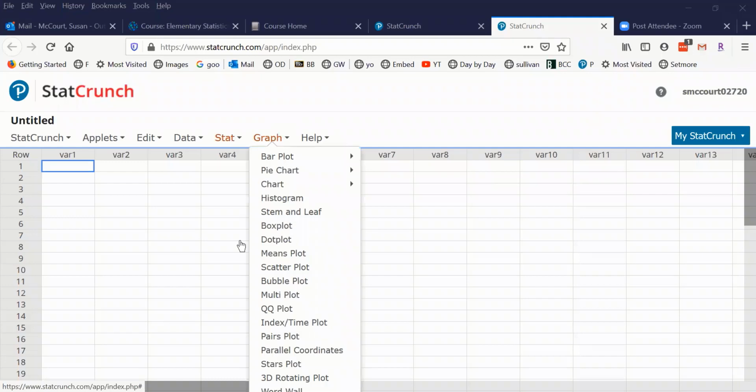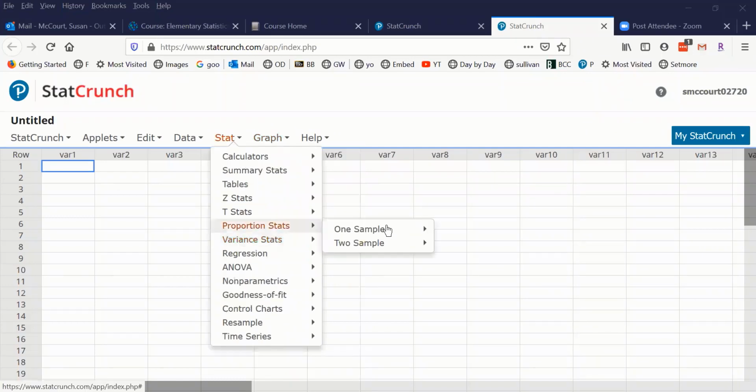So we do Stat, Proportion Stat, One Sample, With Summary.